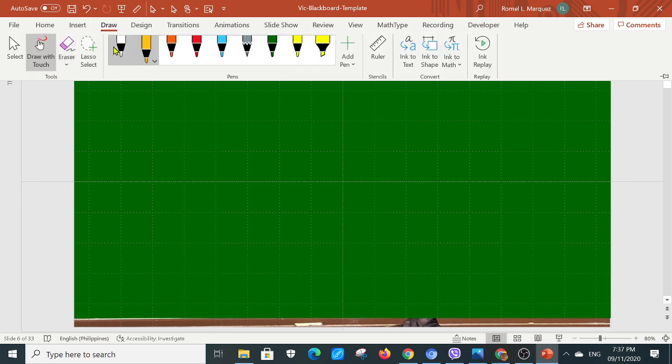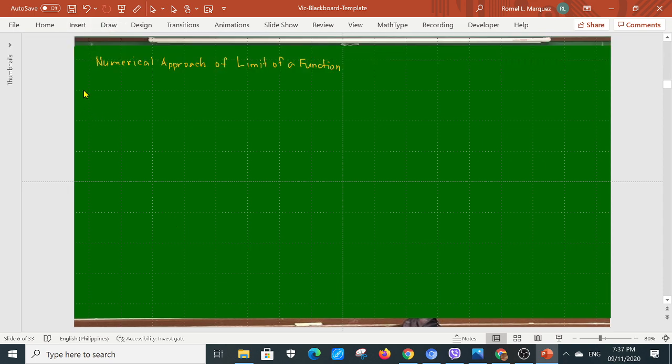Number 1. This time we are going to investigate. I will just give you 2 examples, because I know you understood already from the graphical approach. I just want to let you know how to investigate numerically.